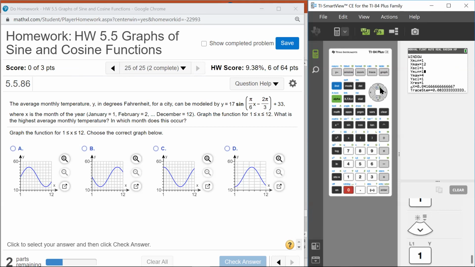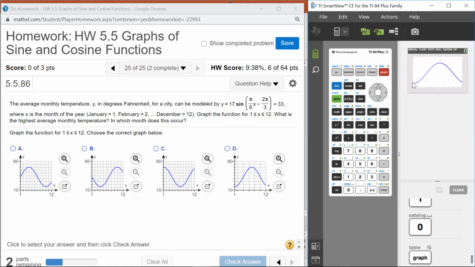The highest y max value I see is 60. I'll say y scale 10, going up by 10s. Make sure you change your window accordingly. Hit graph.